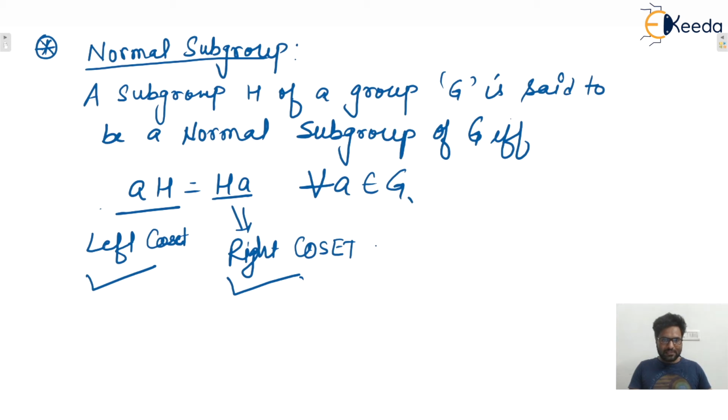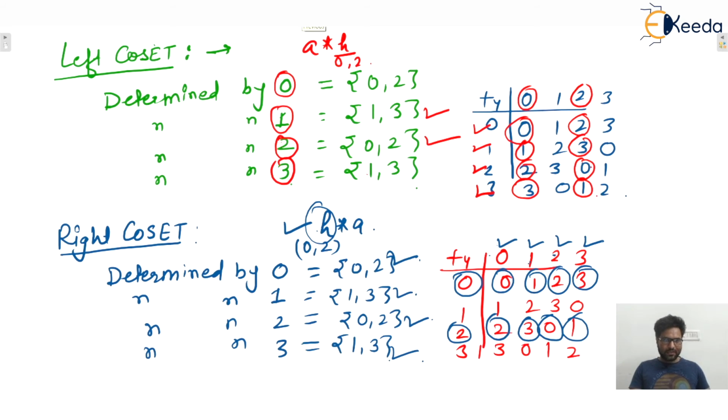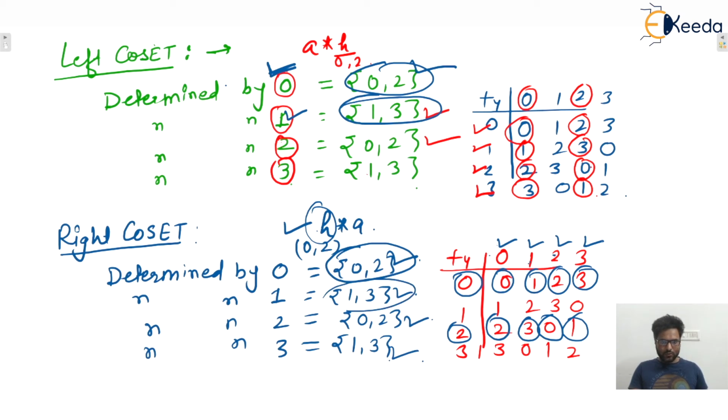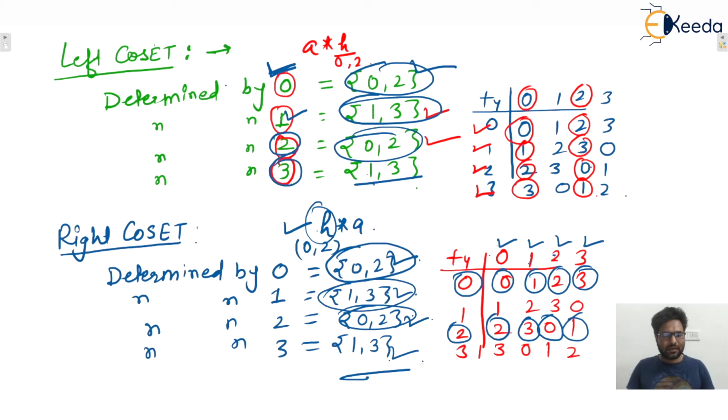For example, in the previous question, for 0 we get {0, 2} in the left coset as well as the right coset. For 1, that is {1, 3} in left as well as right cosets. For 2, that is {0, 2} for both left and right. And for 3, that is {1, 3}, also the same in both left and right cosets, isn't it guys?